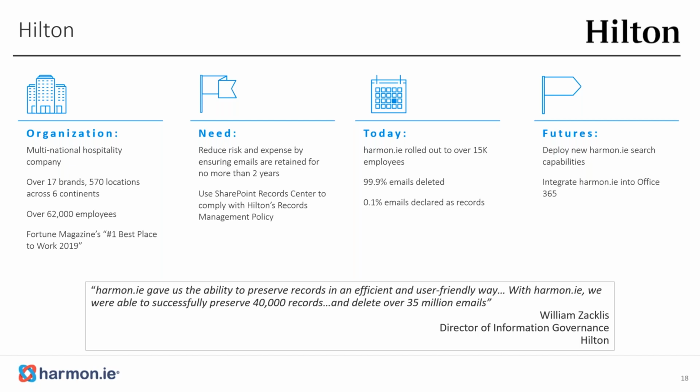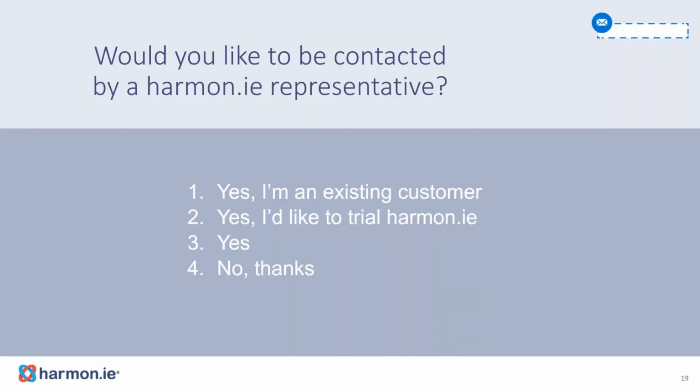They were able to delete almost all the emails, almost 99%, because they only wanted to keep a small amount, which were records. Even that small amount was an enormous number of emails considering the size of the organization. They were able to do that without having to train people because they work and stay inside the email window. With that, I'll turn it back over to Maya for questions.